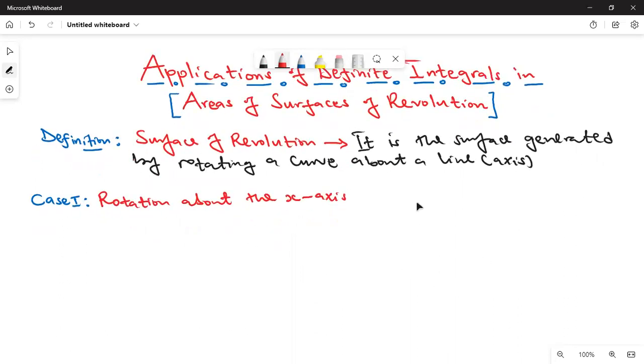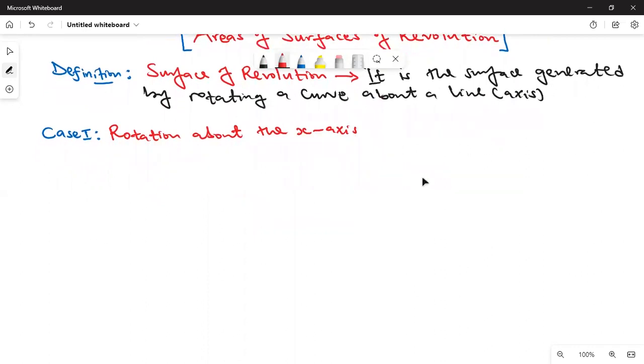So let's consider the graph of the function y equals f of x between x equals a and x equals b. We need to rotate that graph about the x-axis. So let me sketch it so that I don't write so many things. I have the y-axis, the x-axis. Now this is our curve, that we need to rotate.